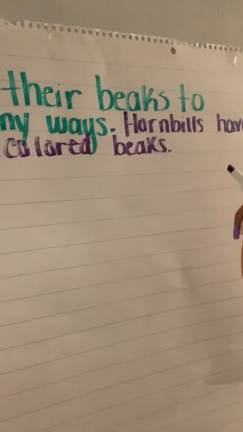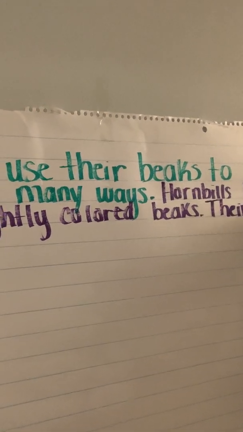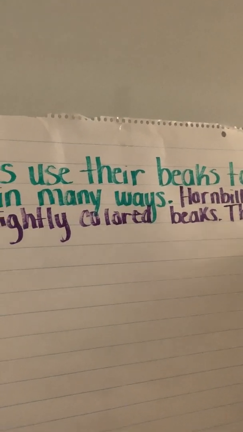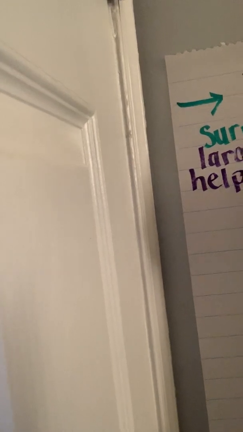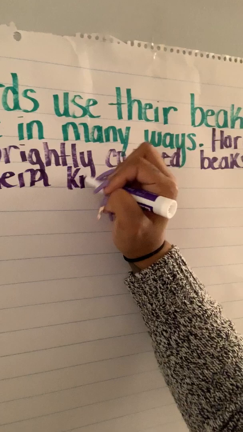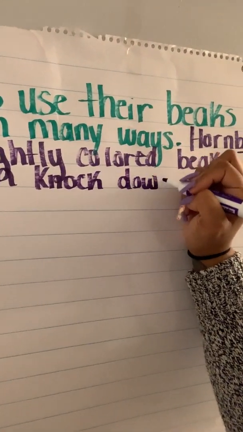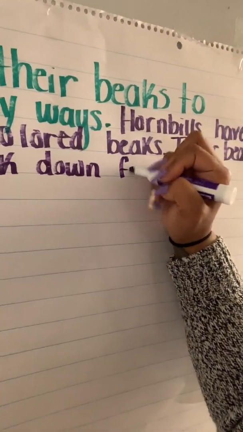Okay, sorry, friends. I'm trying to make sure you guys can see it and write at the same time. All right, so I'm going to say their beaks help them knock down fruit.